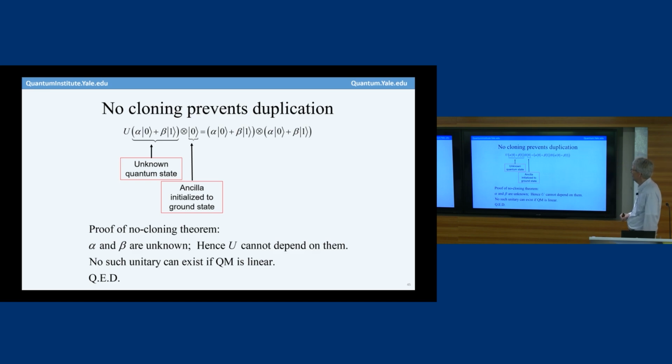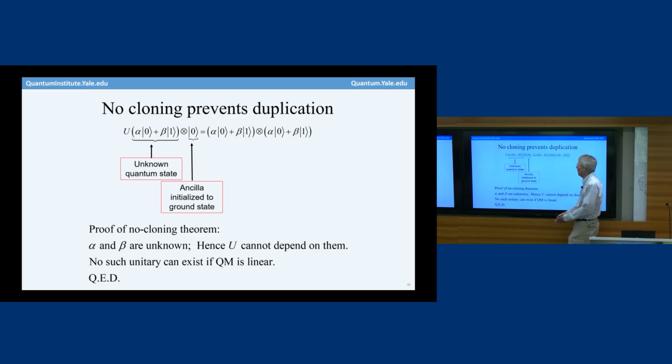How does it work? Well, quantum mechanics is linear. This is just some big matrix acting on this state vector. If you don't know what alpha and beta are, you can't make that big matrix depend on alpha and beta. It's just a bunch of numbers. But look over here on this side: the state 0,0 has coefficient alpha squared, or beta squared, or alpha beta, that are not linear in alpha and beta.